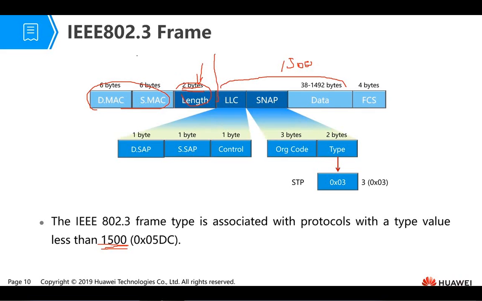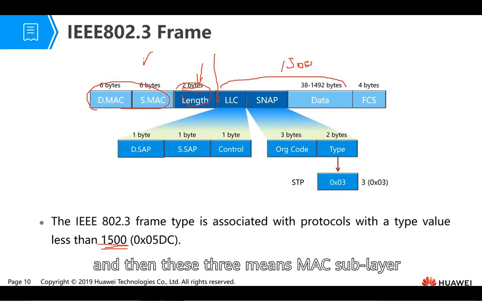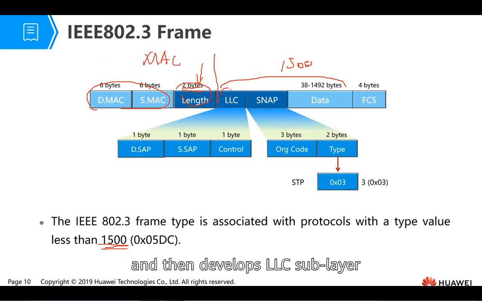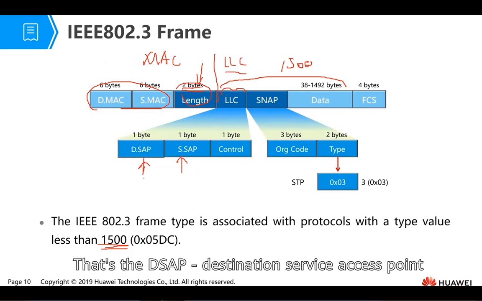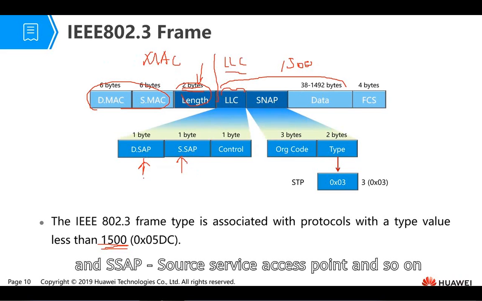This is the layer 2 data link layer, and this 3 means the MAC sublayer, and then they developed the LLC sublayer, and use this LLC sublayer to identify the protocol used by the upper layer. That's the DSAP, Destination Service Access Point, and SSAP, Source Service Access Point, and so on.